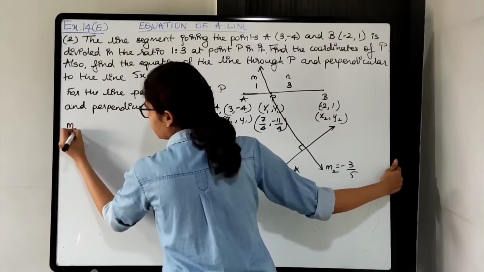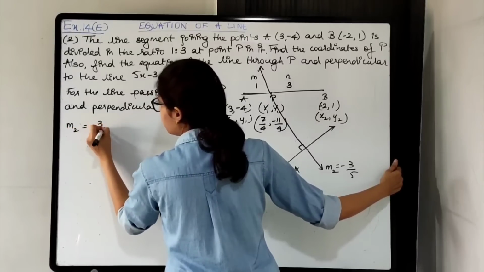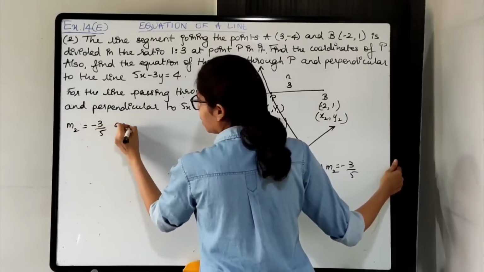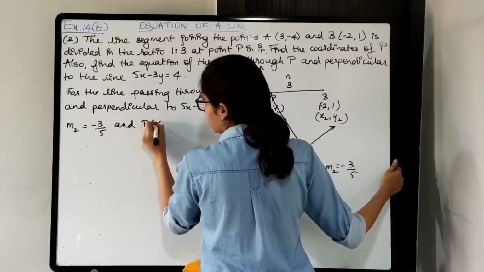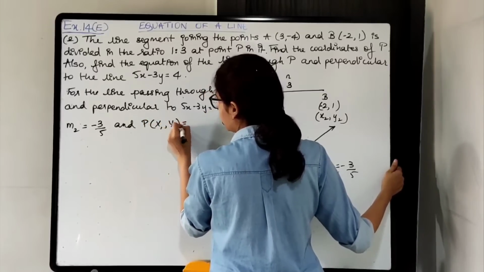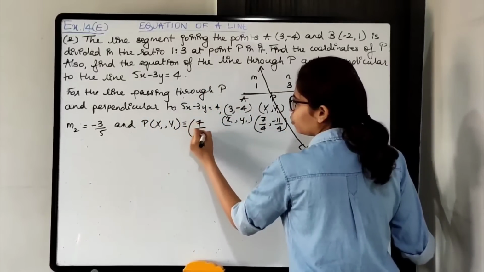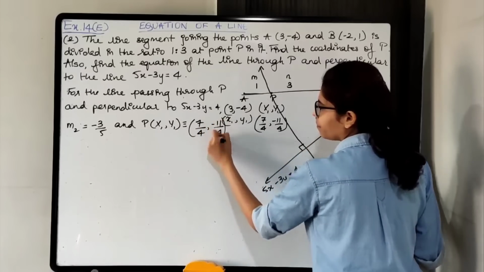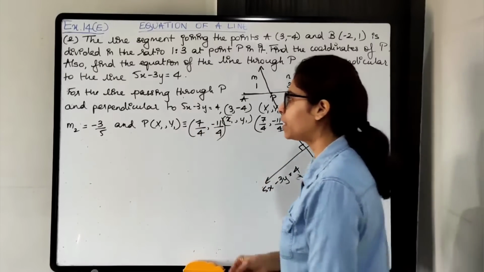We have the slope, it is -3/5, and P is (x1, y1) = (7/4, -11/4). Okay, so now we'll frame the equation.